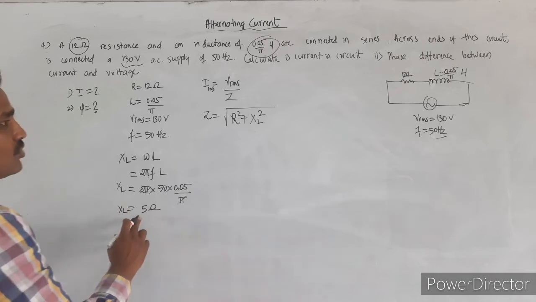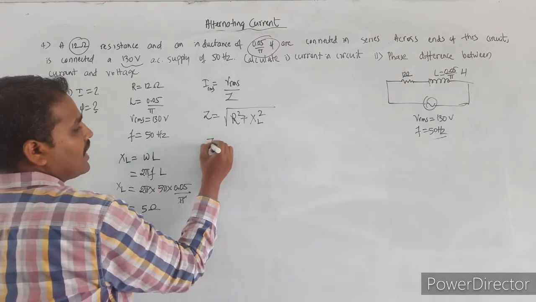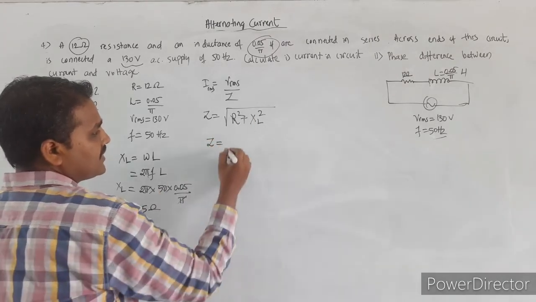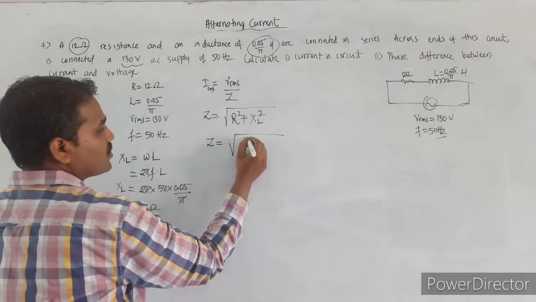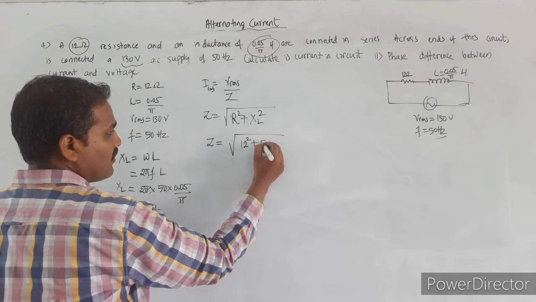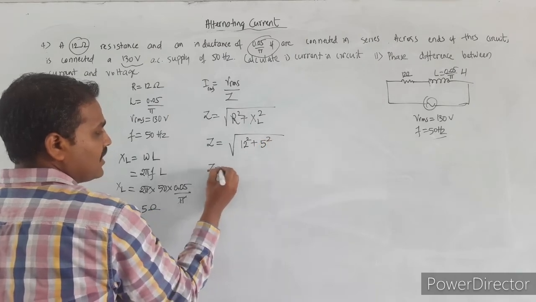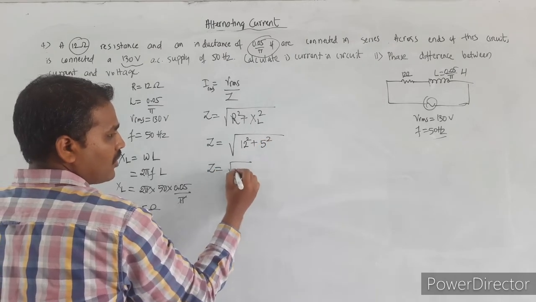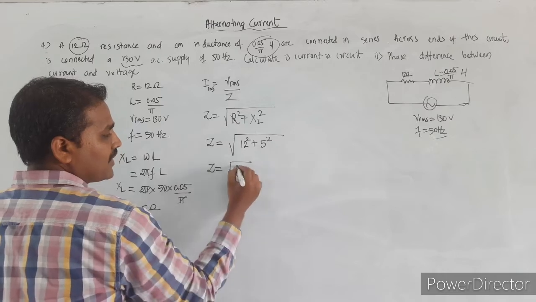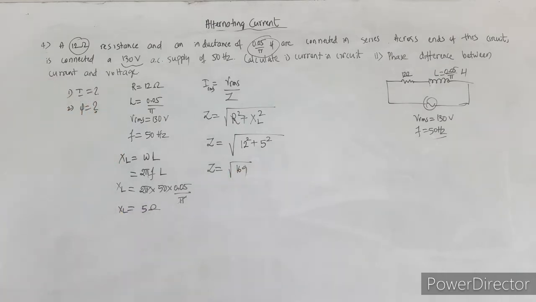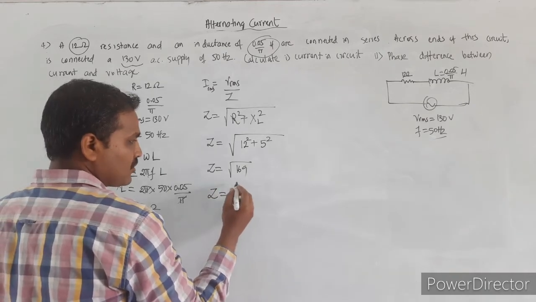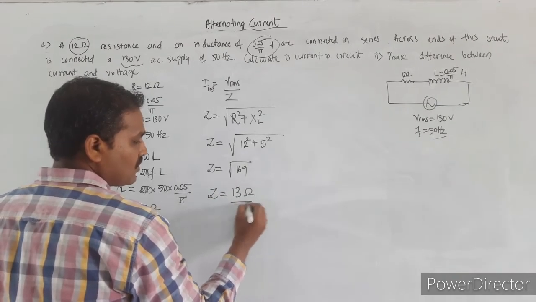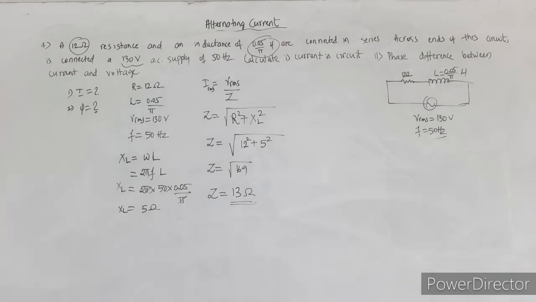Then substitute this value of 5 here. I get the value of Z. Z is equal to square root of R, 12 square, plus XL, 5 square. So Z is equal to square root of 144 plus 25, that is 169. That is a perfect square. So the impedance of the circuit is equal to 13 ohms.